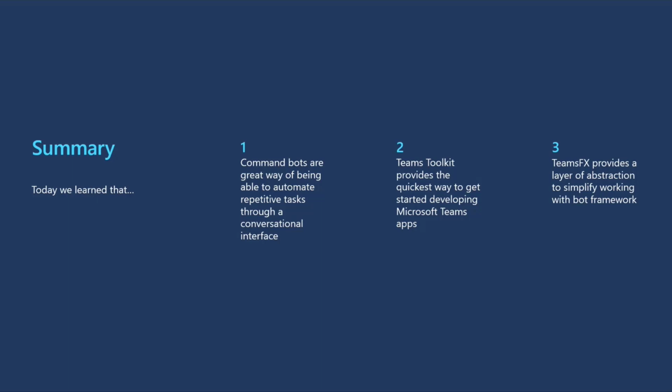Command bots are a great way of being able to automate those repetitive tasks through that conversational interface. So rather than having a button on a page, maybe something that's a bit more interactive, like a bot, that you can use as, maybe like your personal assistant to just say, bot, do a particular action. That's a great way of being able to implement that.